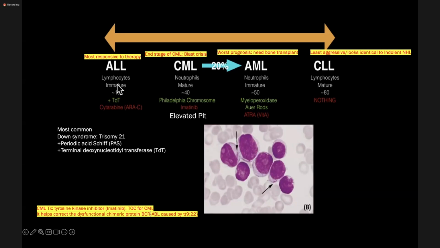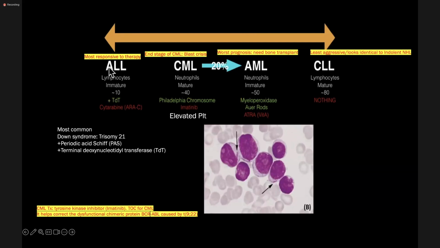So you have ALL on the left, and on the far right you have CLL. Got it? Perfect.